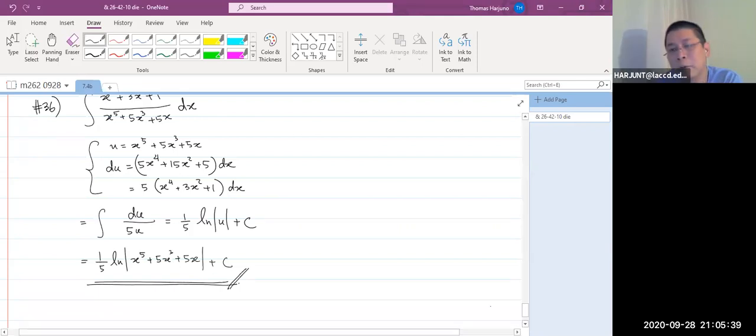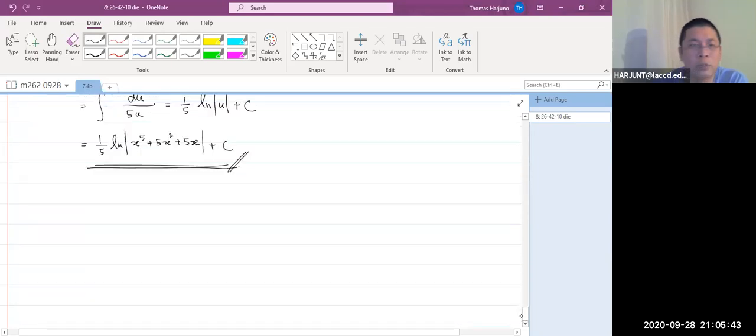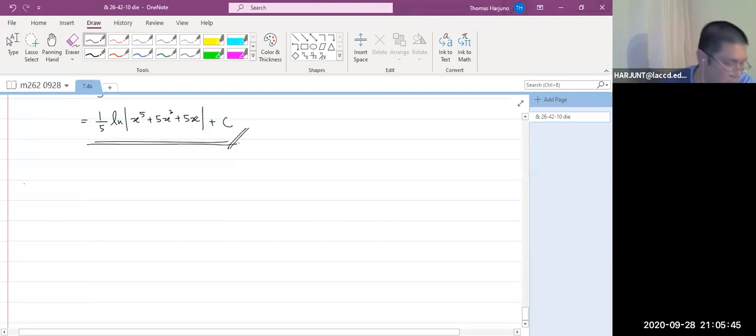Now, the last part before we go on to a more sneaky method to do this type of problem. What happens if we have case number 4?